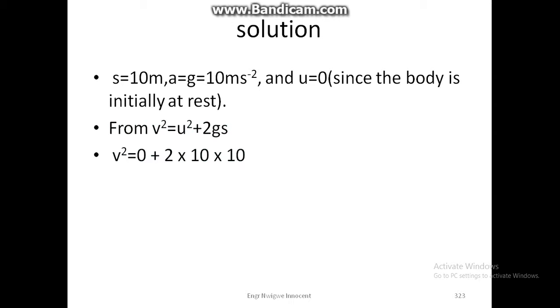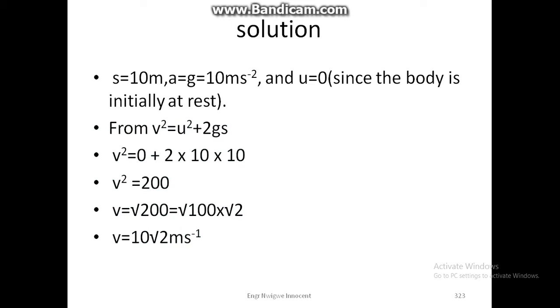Then v squared will now become 200. V is now equal to the square root of 200, which gives us the square root of 100 times 2. V is now equal to 10 times square root of 2 meters per second.